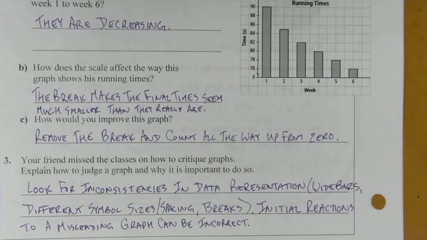From a marketing perspective, misrepresenting data might be to your advantage. But as a math student, graphing data, you want to be accurate and you don't want it to be misleading. And that is now the end of chapter 1.